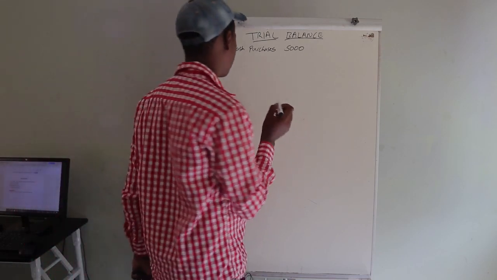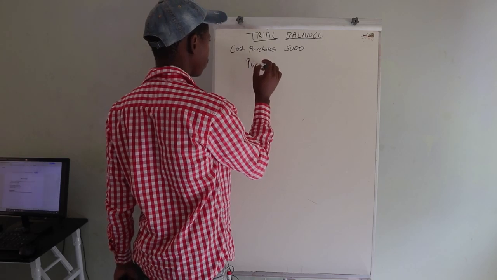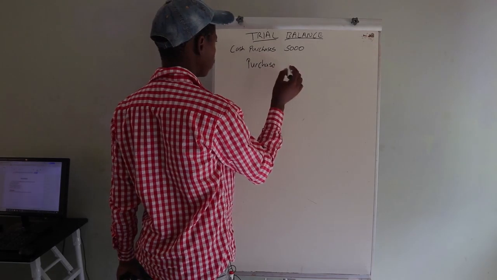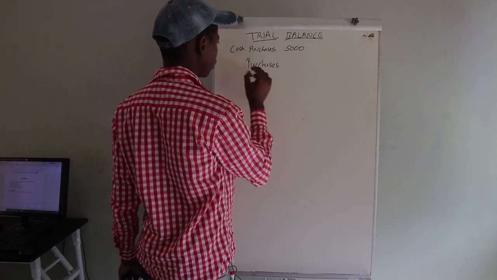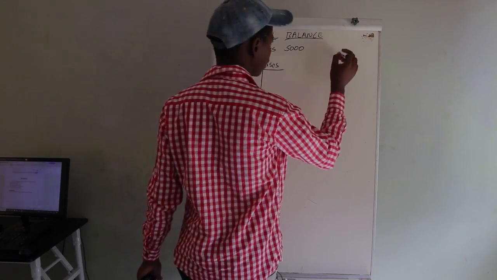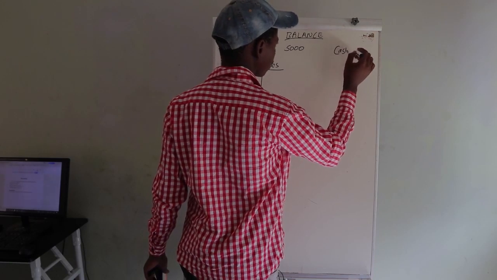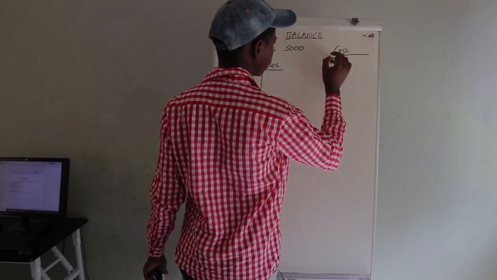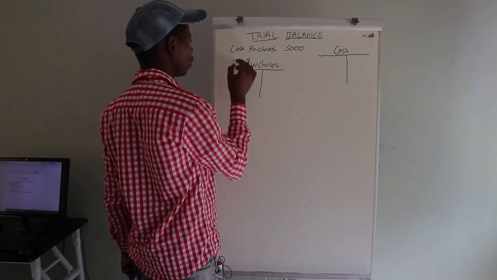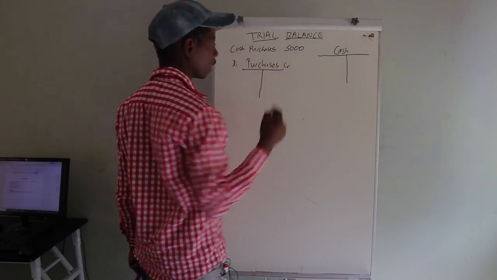So I'm going to open the purchases account here, and then here I'm going to open the cash account. Remember, on our left we have debit, and on our right we have credit.